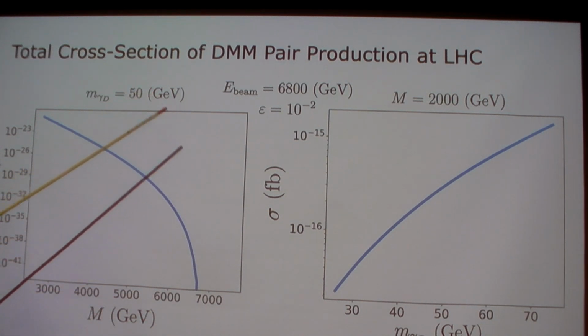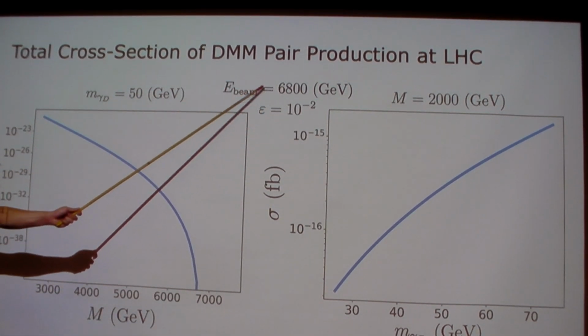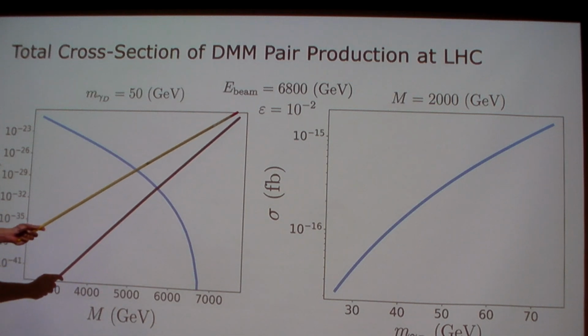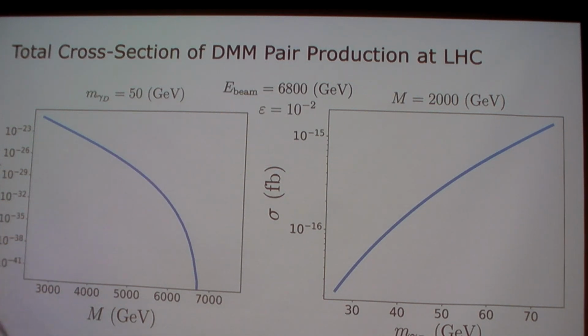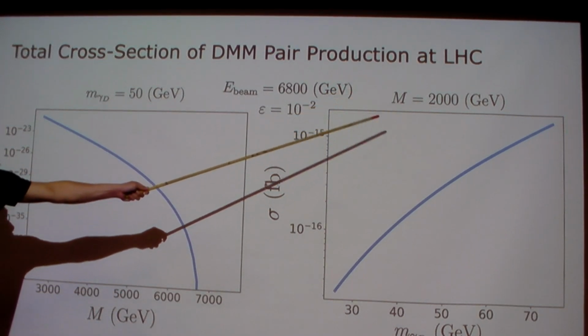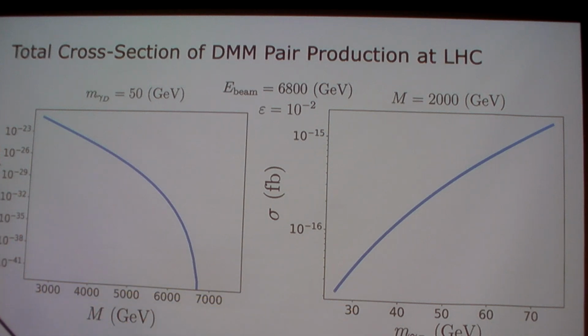And if I choose the beam energy for the proton to be that of the LHC, it's about 7,000 GeV, and I choose the kinetic mixing to be 10 to the minus 2. In here, I fix the dark photon mass and see how the dark monopole mass changes the total cross section. And here I fix the dark monopole mass and change the dark photon mass.